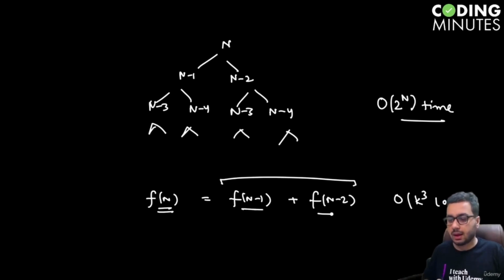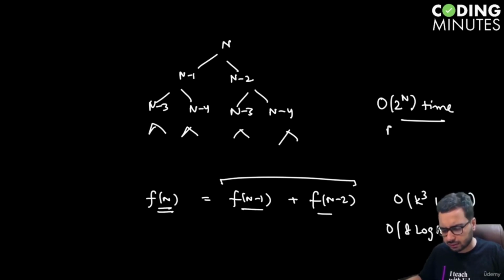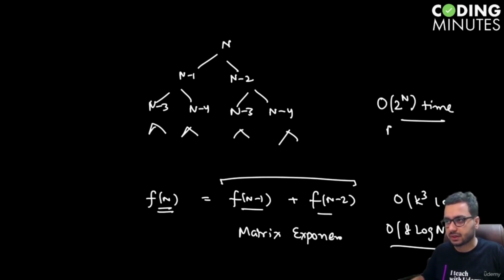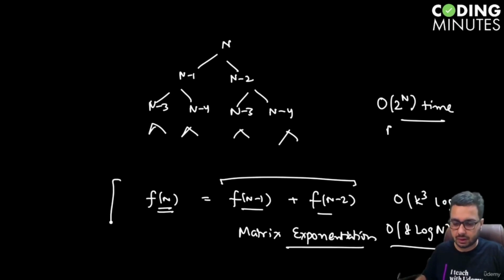Okay, and this is 2 in this case, so order of 8 into log of n. This can be solved in logarithmic time as well, if you use this technique, matrix exponentiation, for linear recurrences. If you're learning the basics of data structures, you're not supposed to know this, but if you're doing competitive programming, you are supposed to know this technique.